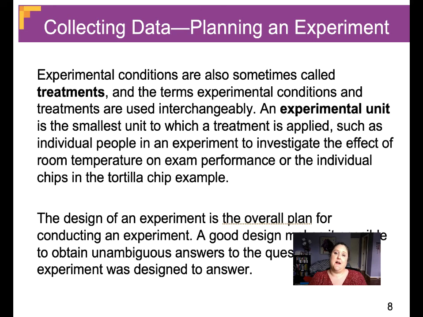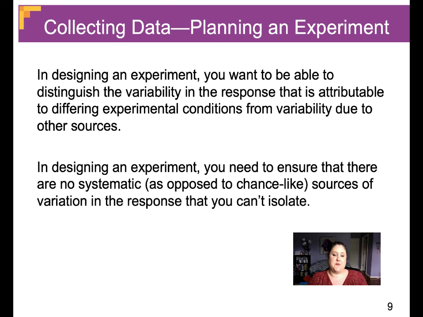If you can't end up with an unambiguous answer, then your experiment isn't going to be very good. So when you're designing this experiment, you want to make sure that you can distinguish between any variability in that response that's attributable to the differing experimental conditions or the treatments that you employed versus variability that's just due to other sources. And we'll talk about that a little bit more in this section.